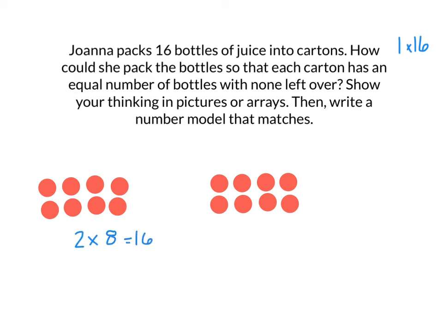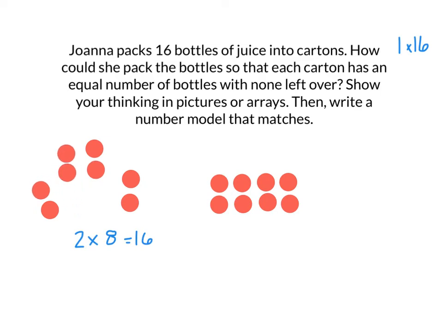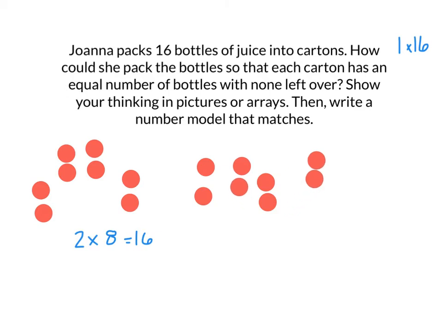You could also reverse it, and you could have 8 cartons with 2 in each, just like that. And so over here, I'm going to write 2 times 8, or 8 times 2, and I'm also going to do the turnaround for 16. Okay.